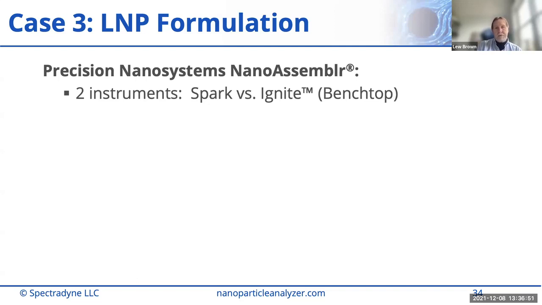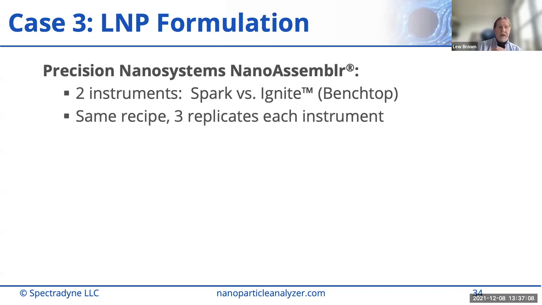The next step up is what they call Ignite. It used to be called the benchtop. And that's a larger instrument that can produce larger quantities of nanoparticle output. What they were looking for here is a couple of different things. They would use the same recipe, if you will, for producing these LNPs in both the Spark and the Ignite.